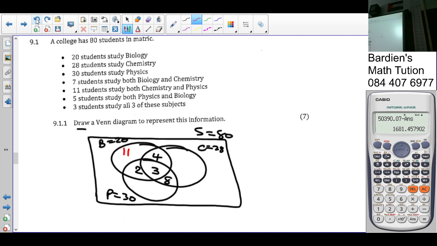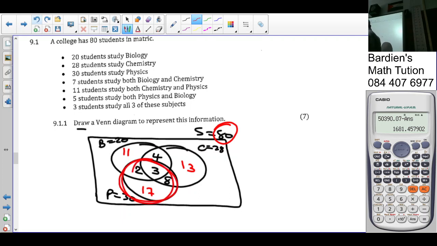So that's going to give you 30. Did they tell us that all the learners take one of the subjects? No. So in other words, we must say 80. 80 minus 30.